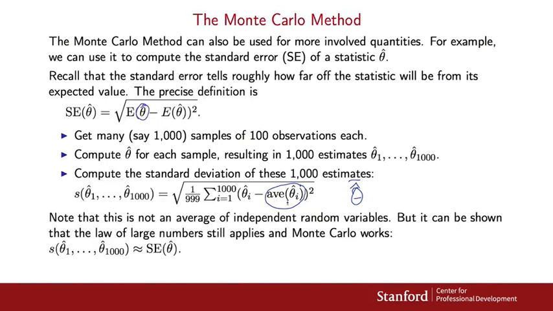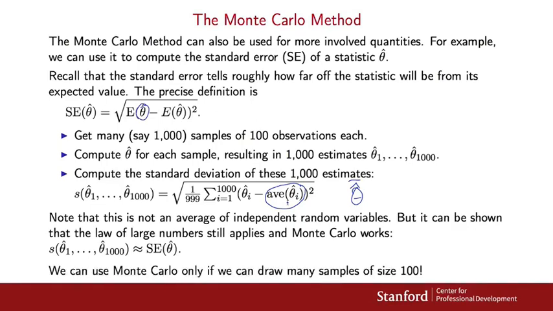So while this example looks a bit more complicated than the previous one, what's really going on here is that it's simply an application of the law of large numbers. But the caveat is that this method will only work if we can draw many samples of size 100. In other words, simulation works if I can sample as much as I wish.